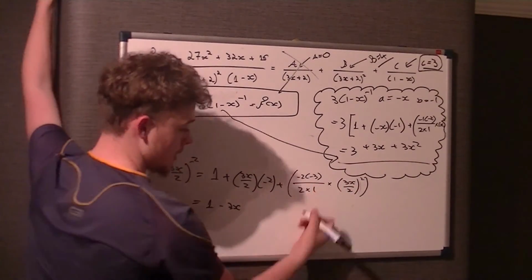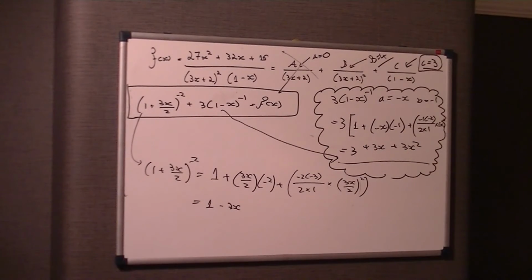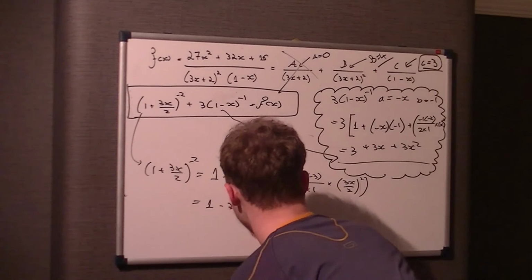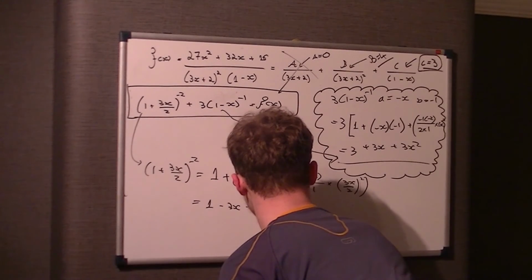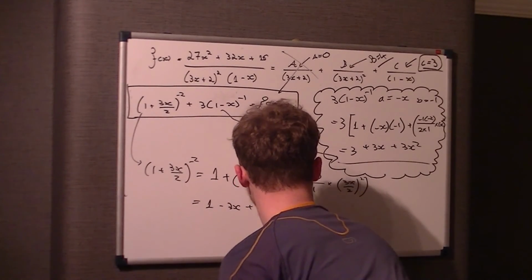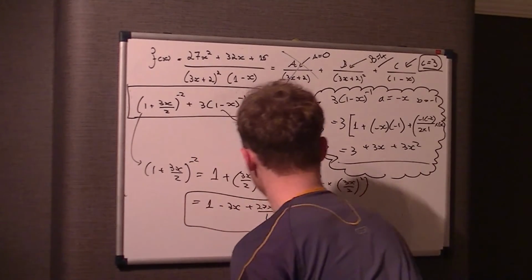You times that by the 3, which gives you 27x squared over 4. Plus 27x squared over 4. So that's your answer for the first part.